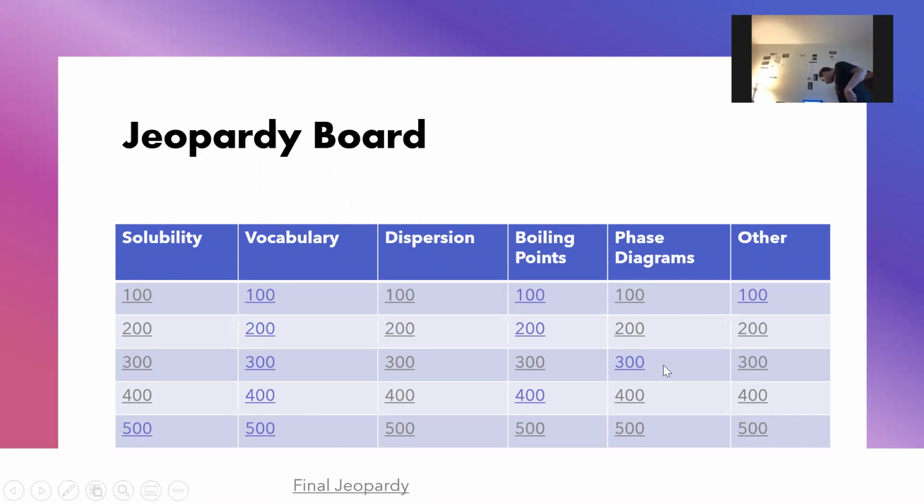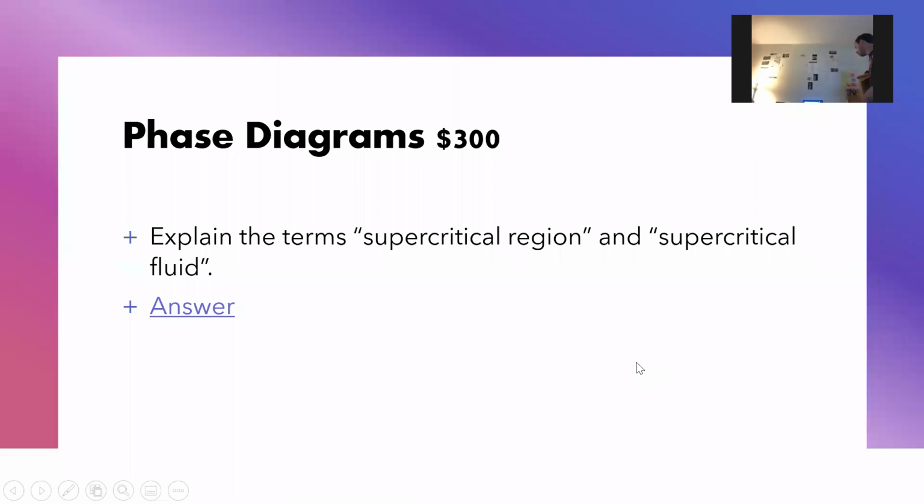Okay. Here we go. Explain the terms supercritical region and supercritical fluid. Tetra, explain them. Supercritical region is where it has both gas and liquid properties.